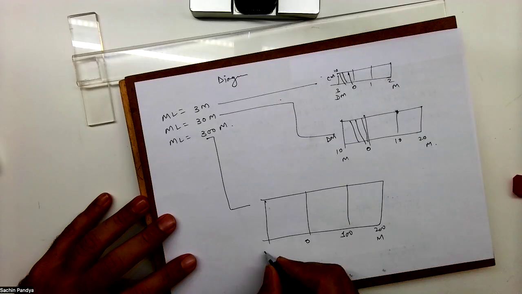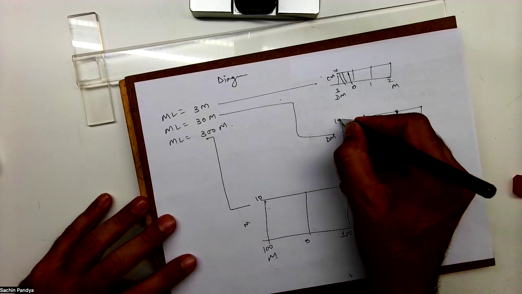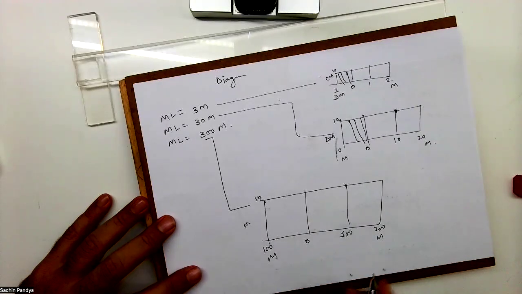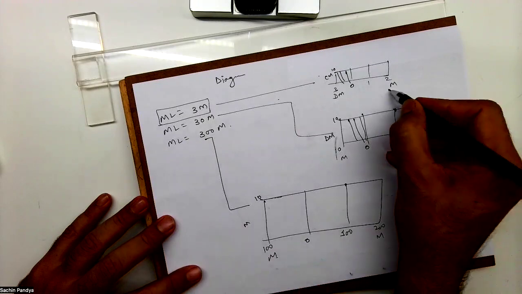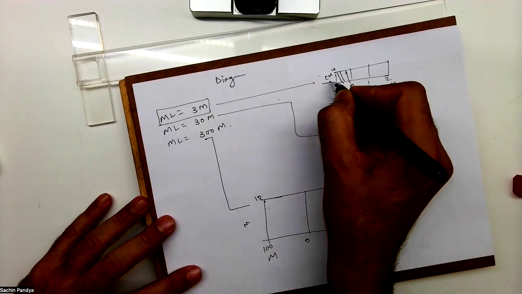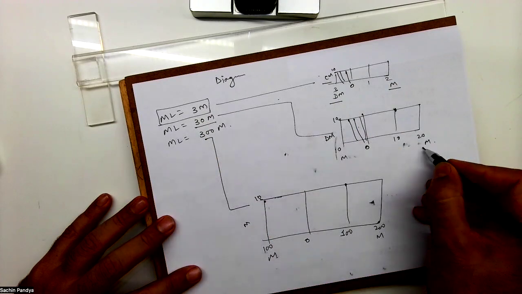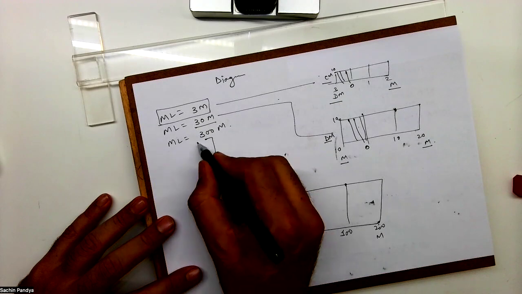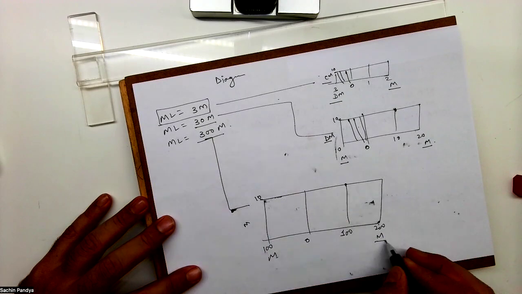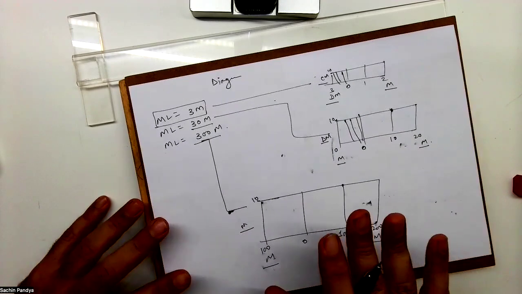So this is meter, this is also meter, and this is also meter. Got it? So this is the difference. When it is 3 meter, it is meter, decimeter, centimeter. When it is 30 meter, then it is meter, meter, and decimeter. When it is 300 meter, it is meter, meter, and meter. This you need to understand.